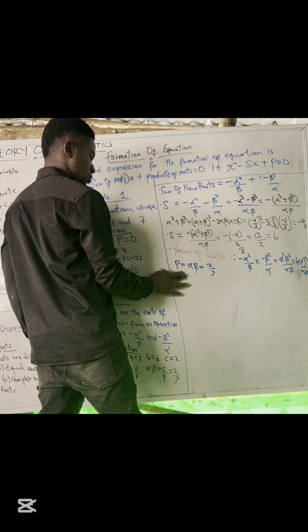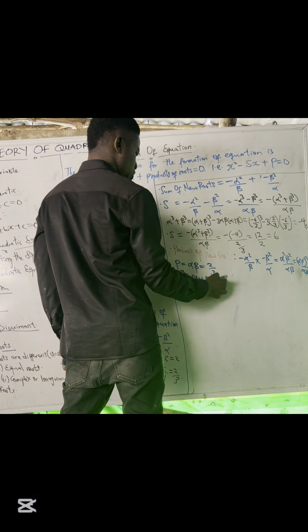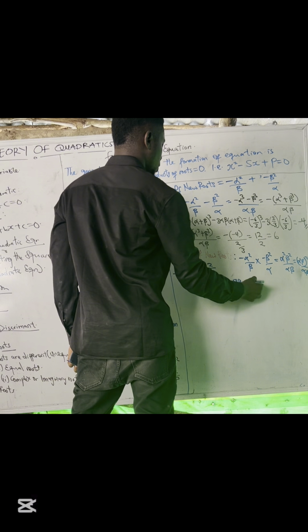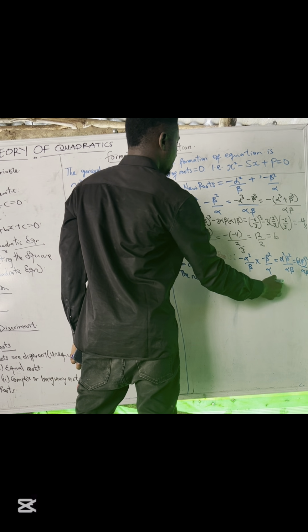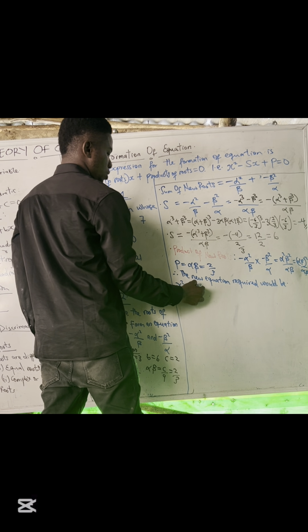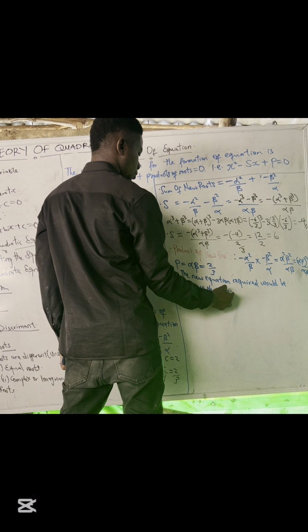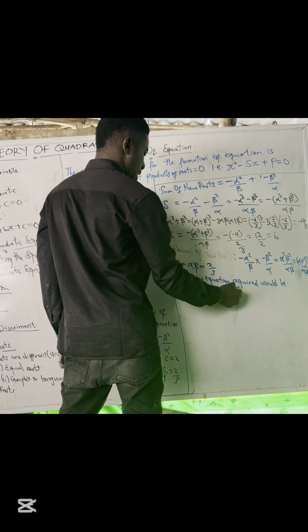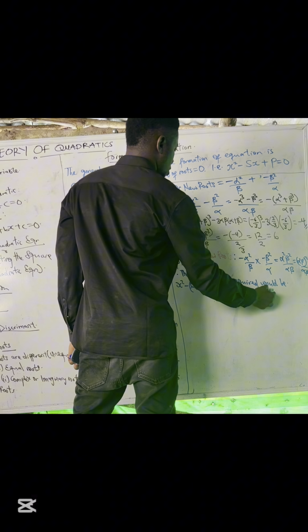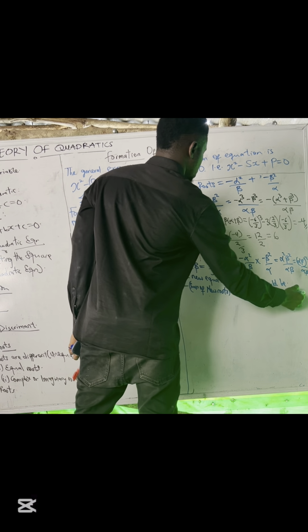So therefore, guys, the new equation required would be x squared minus the sum of new roots multiplied by x plus the product of new roots is equal to 0.